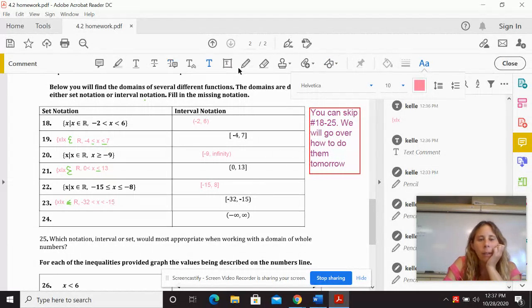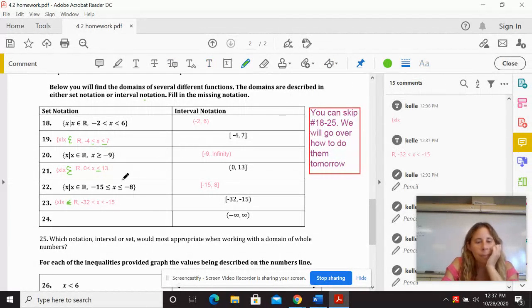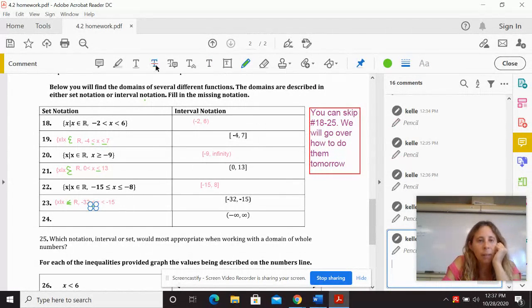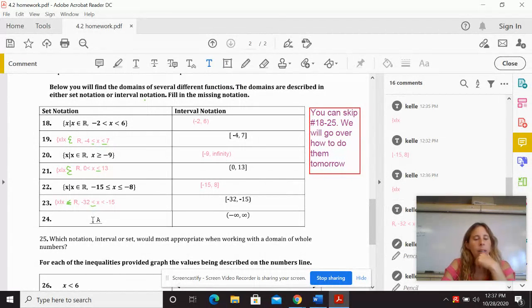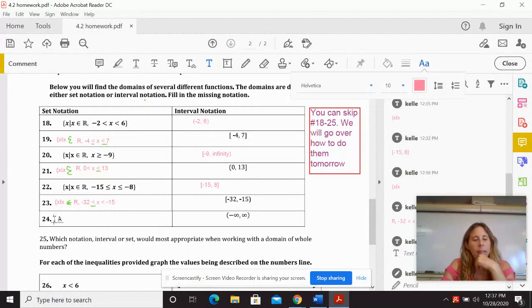I have to draw the equal sign down there. So x is greater than or equal to -32, and it's less than -15. That's what that means.